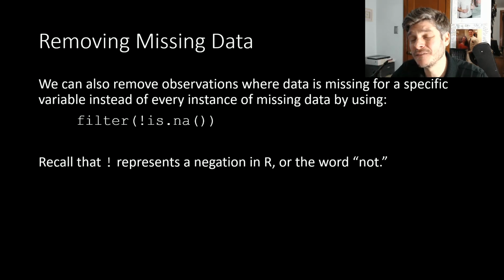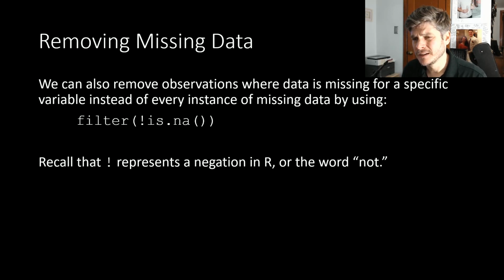So if I use filter and then my exclamation point. Now remember, the exclamation point is our negation object in R. So it's basically like the word not. It tells us to do the opposite. So when we use our is.na function, and again, that's telling me, is it NA, is it missing, true or false? Well, remember, the filter function takes those logical arguments and only preserves it when it's true.